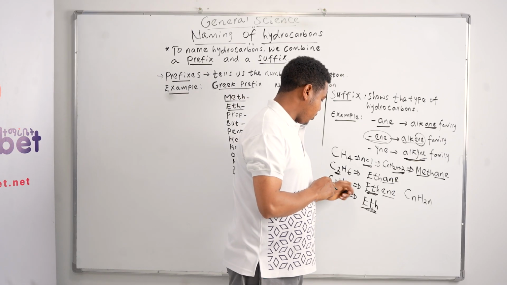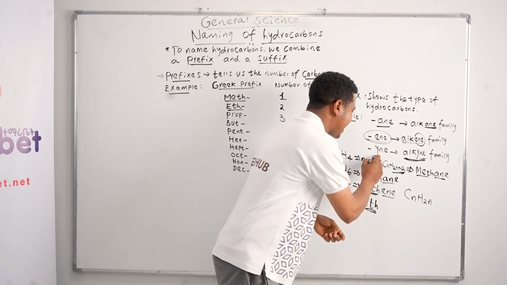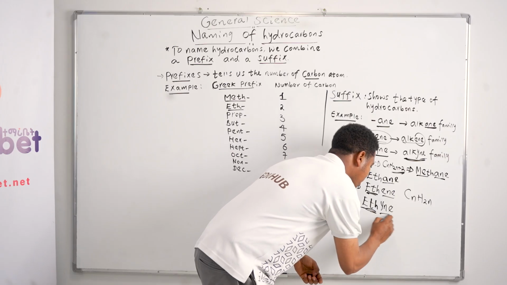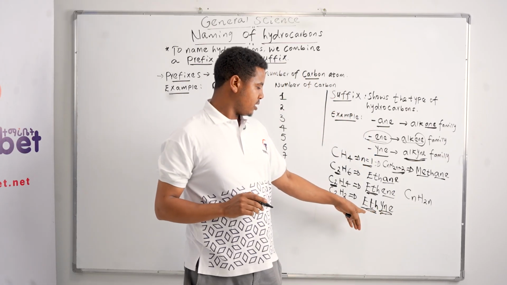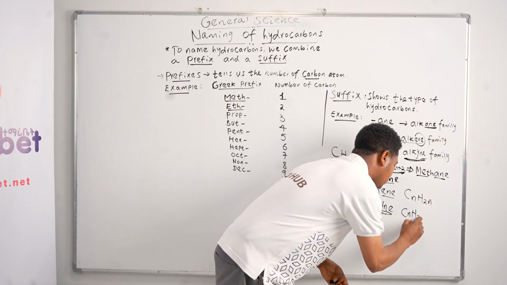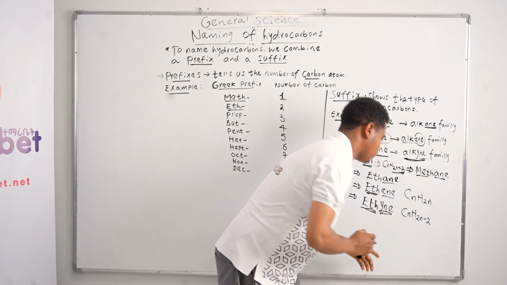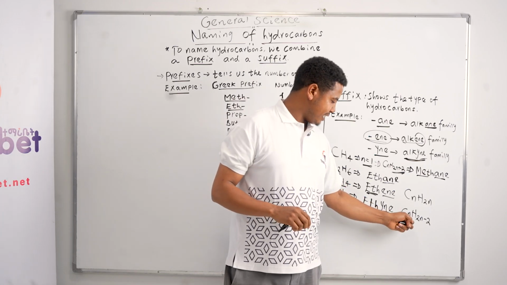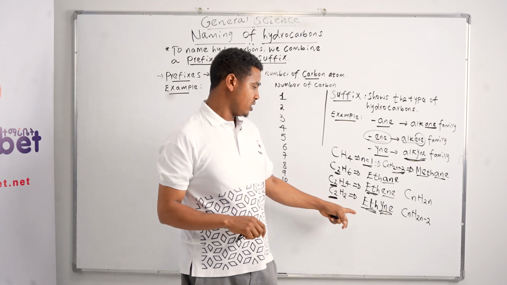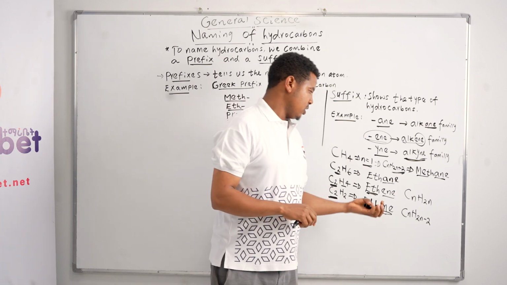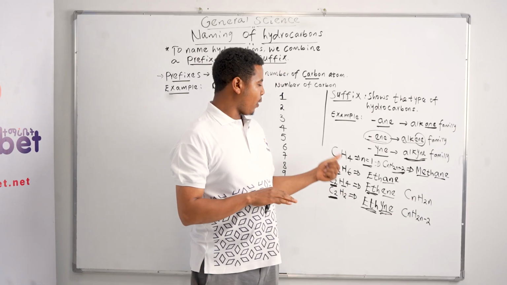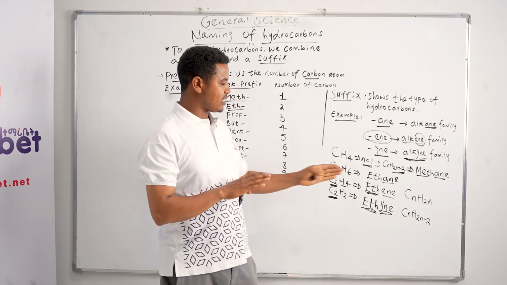And we already know it is in the alkyne family, so you have to use the suffix "yne" because the compound comes from the formula CnH2n−2. When you substitute 2 for n, 2 times 2 is 4, minus 2, it becomes C₂H₂. That is definitely ethyne.